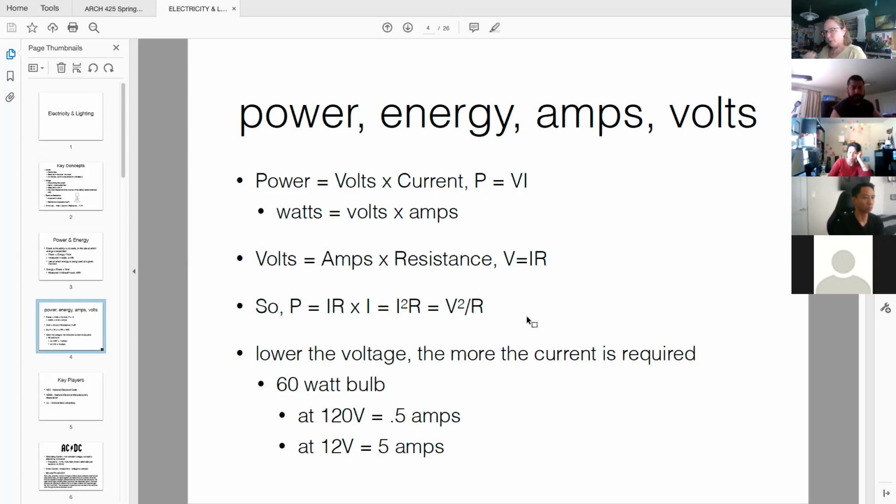Your amps is your flow, your watts is your power. To get that same power at a lower voltage because of the resistance, you're going to need more flow, which is the amps, to get that same equivalent amount of light out of that light bulb.